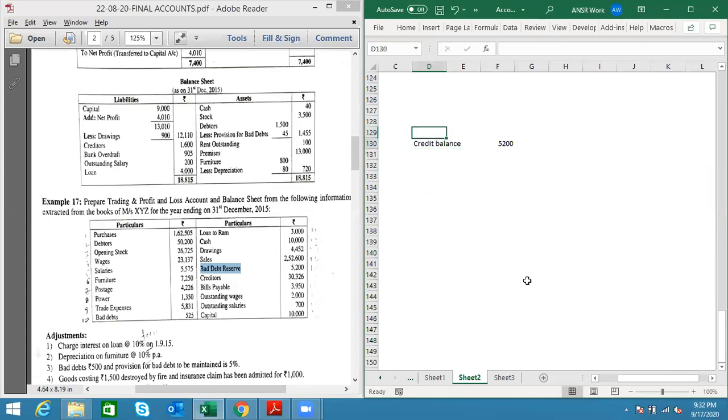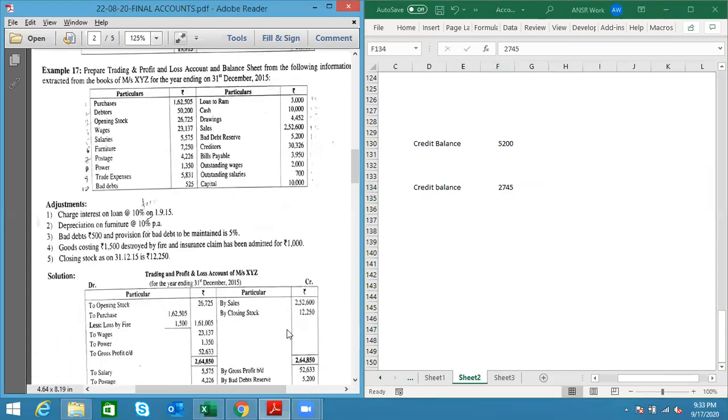Then you get to know that the balance is actually wrong. The actual credit balance is, suppose, 2,745. I'll just revise this, 2,485.